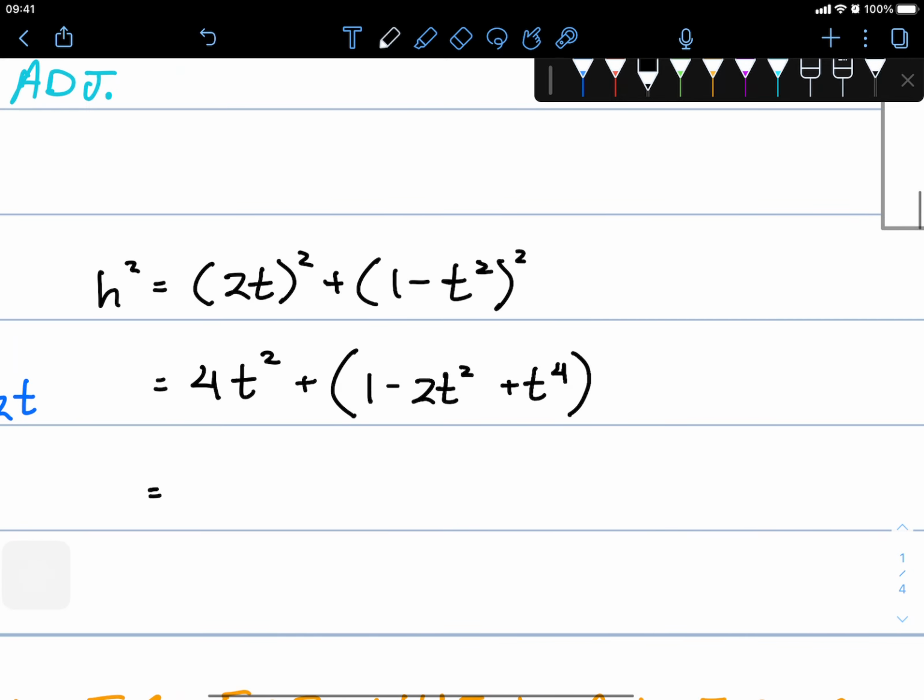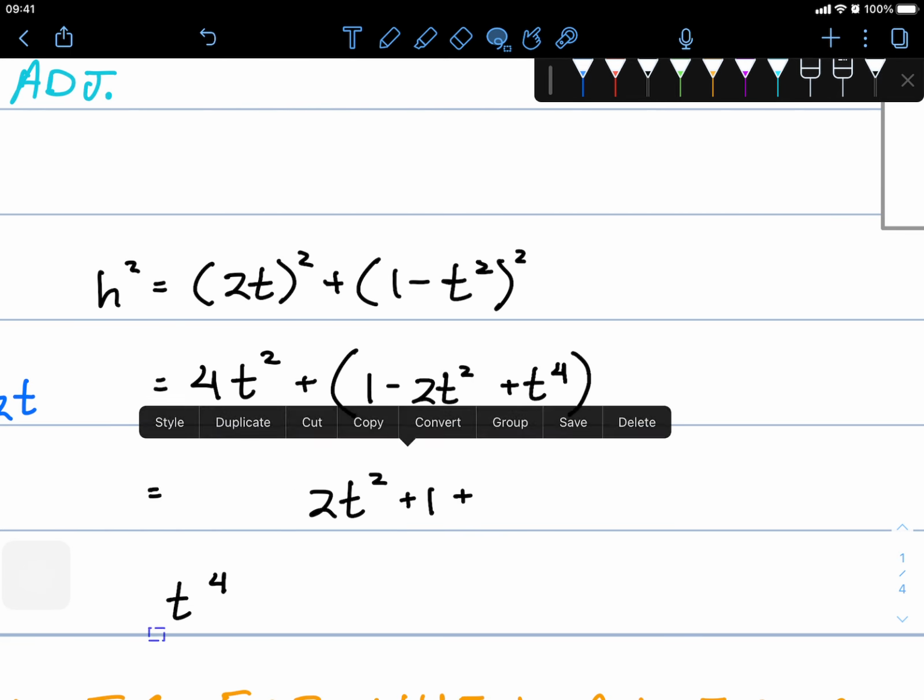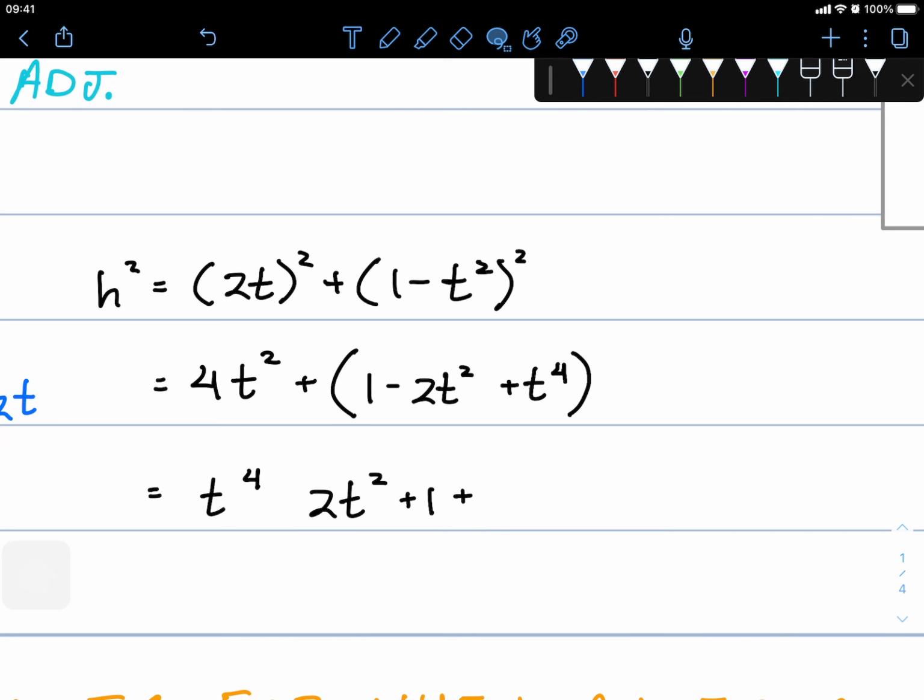Collecting like terms, 4t squared minus 2t squared, well, that's going to be 2t squared, plus 1 plus t to the power of 4. I'm just going to quickly rearrange this to make it a little bit more obvious for the next step. That leaves us with t to the power of 4 plus 2t squared plus 1.